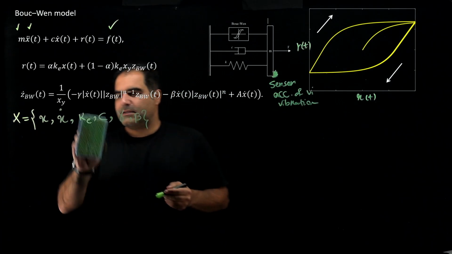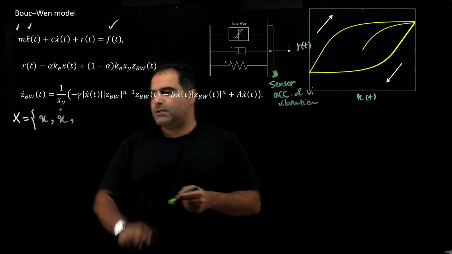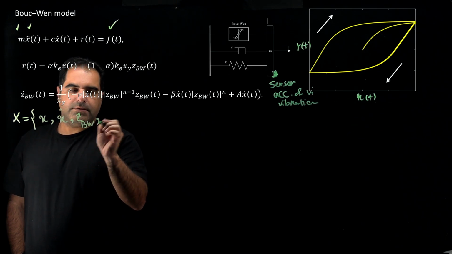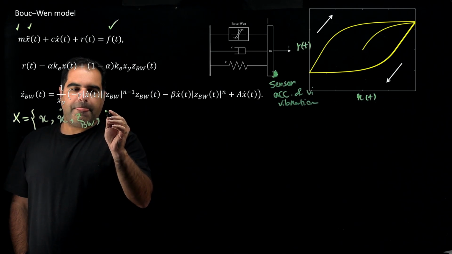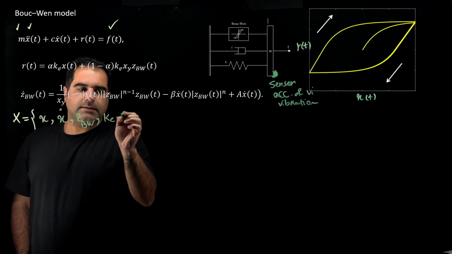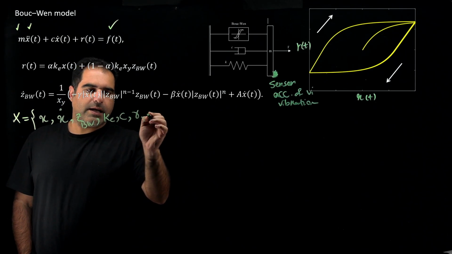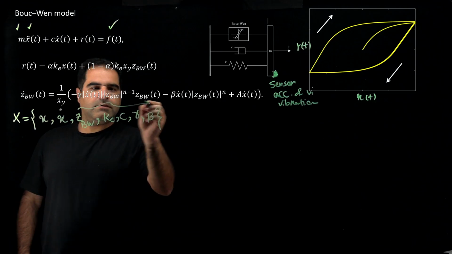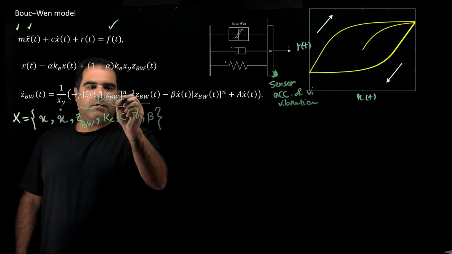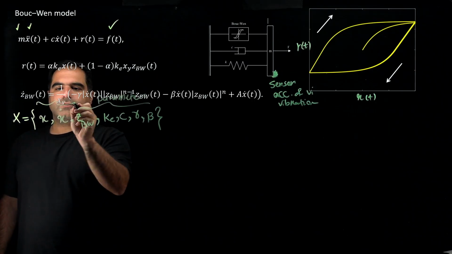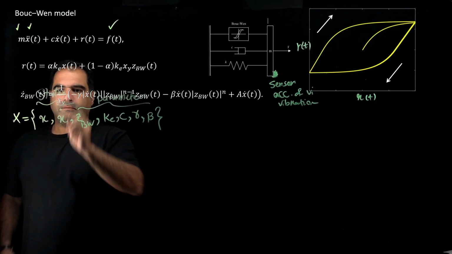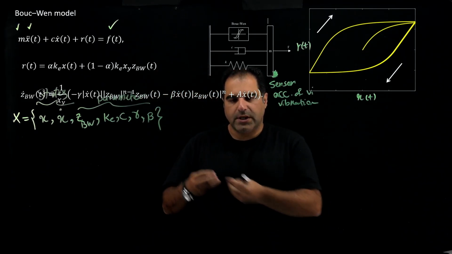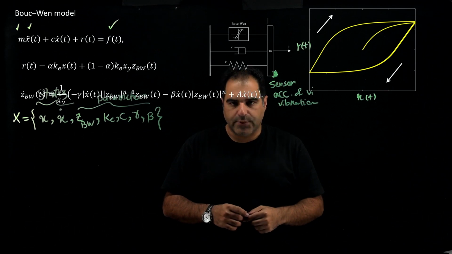Let's take into account something else, for example, z_BW, Ke, C, gamma, and beta. These are the parameters and states. These are the parameters, and these two are the states we are looking to estimate and identify, and we call it a joint state-parameter identification problem.